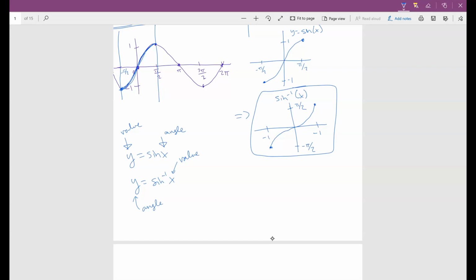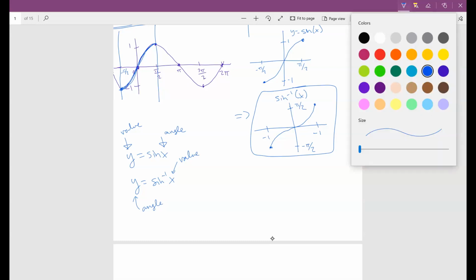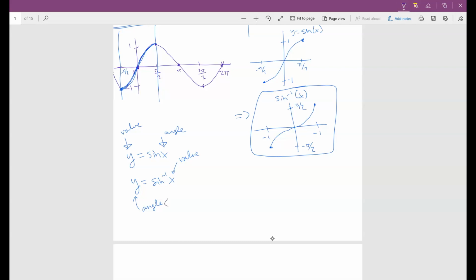However, because we are restricting these, the angles that these give me are only going to be between -pi/2 and pi/2. If you remember the unit circle, here it is. It's only going to give me these values, because this is -pi/2 and this is pi/2.